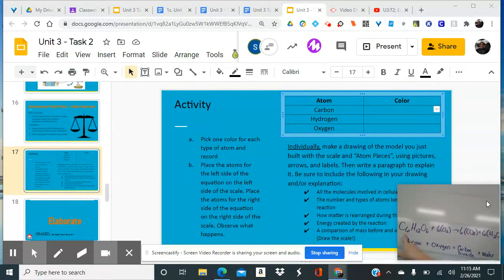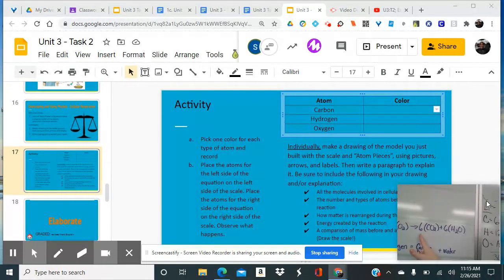So you have 6 carbon, 12 hydrogen, and 6 oxygen, just in glucose. Plus, you have 6 O2s, which is oxygen. Okay? So that's on this side. Then that equals 6 CO2s, which is your carbon dioxide, plus 6 waters, which is H2O.